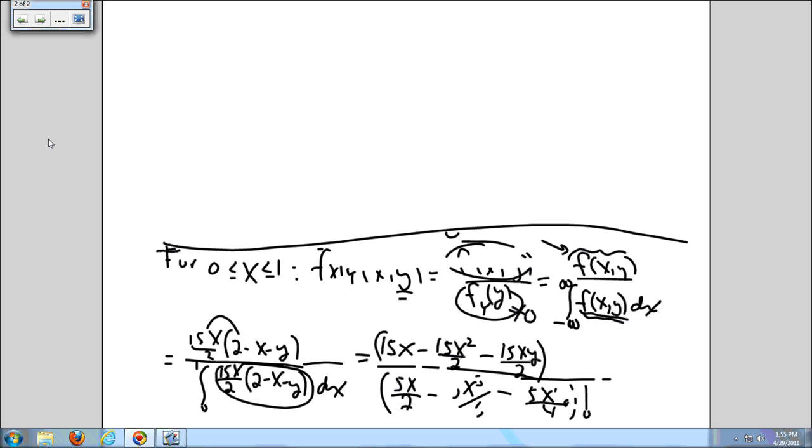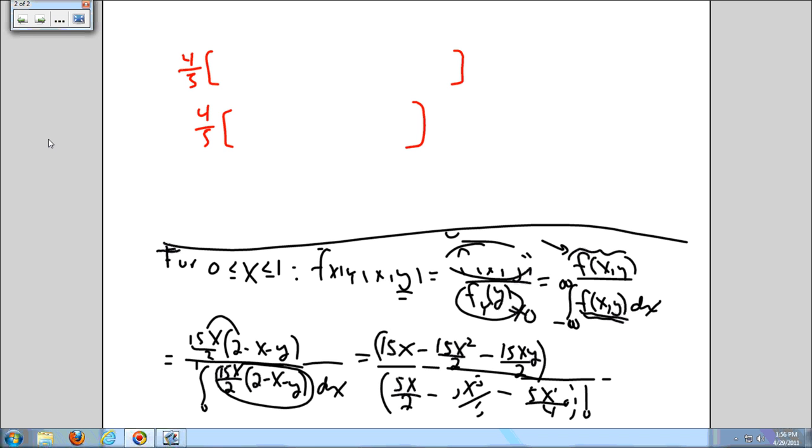Okay, I guess what I would do at this point is I would multiply top and bottom to get rid of the denominators. I'd multiply by 4, and 5 goes into each of the numerators, so I'm going to multiply by 4/5.